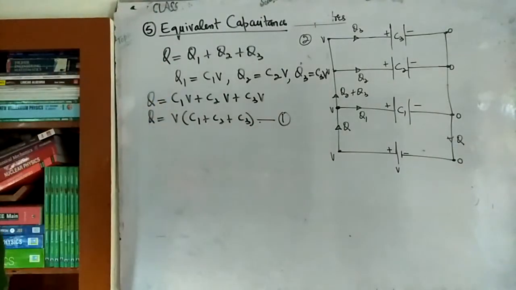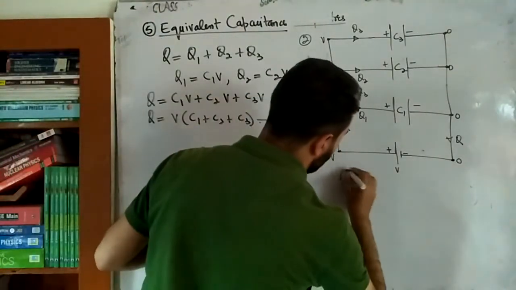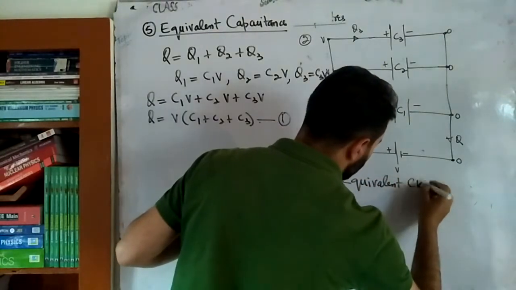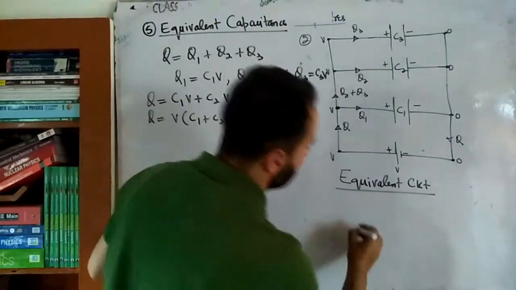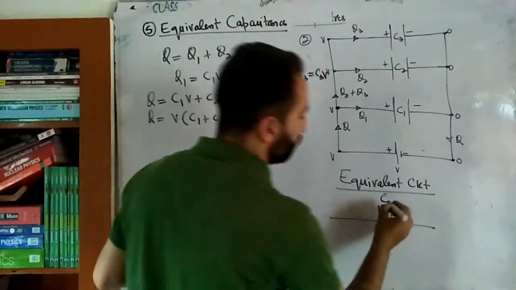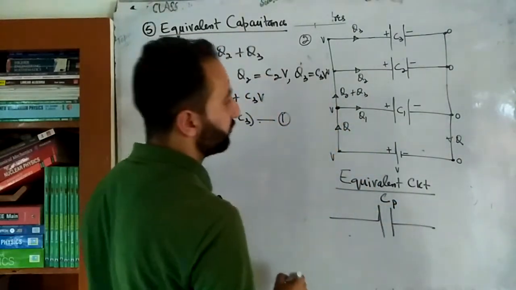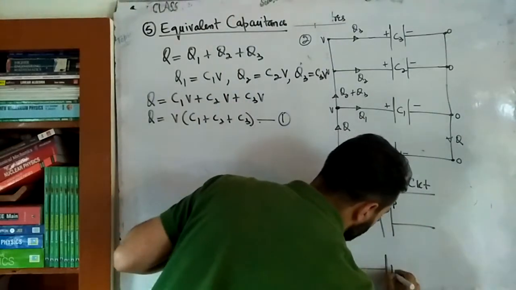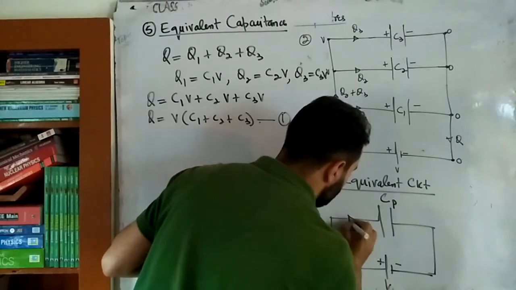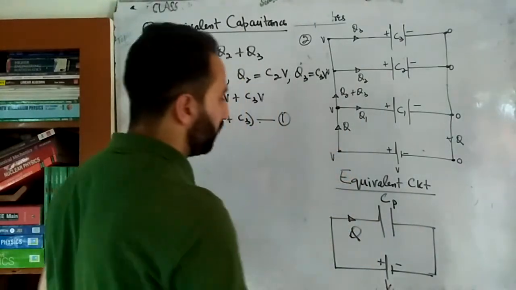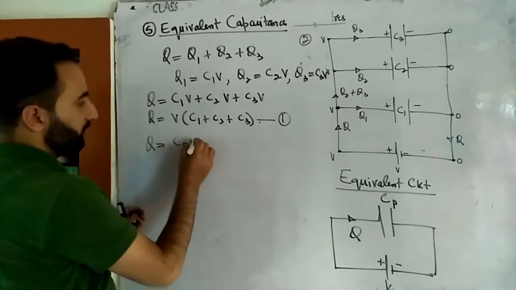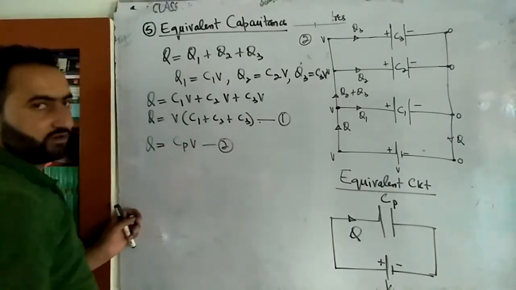Next I will construct an equivalent circuit. So here I will write down the equivalent circuit. It's like this. I will replace all these capacitors by one capacitor whose capacitance is Cp, where P stands for parallel, and here the potential difference is equal to V. The positive and negative charge flowing in this direction is equal to Q. So for this I will write the equation like this: Q is equal to Cp multiplied by V. Equation number 2. ठीक है ना बेटा?